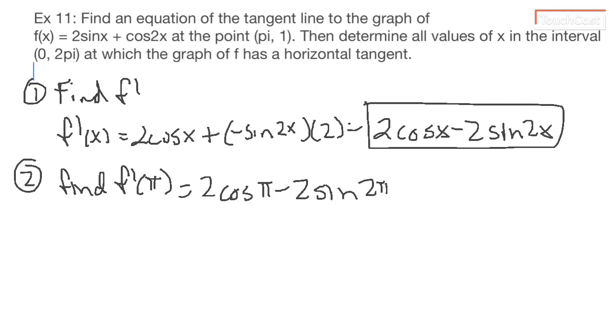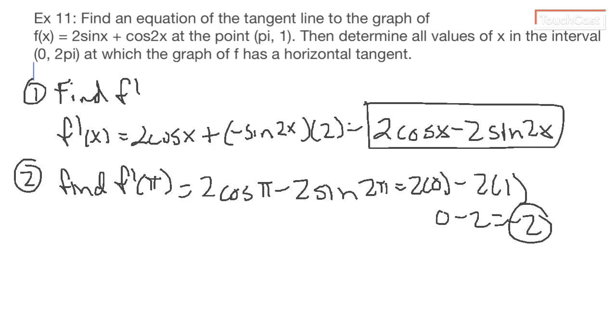Well, cosine of pi is 0, so we've got 2 times 0, minus sine of 2 pi is 1, so 2 times 1. So we've got 0 minus 2, which is negative 2, which we're going to utilize in our third part to write this equation.